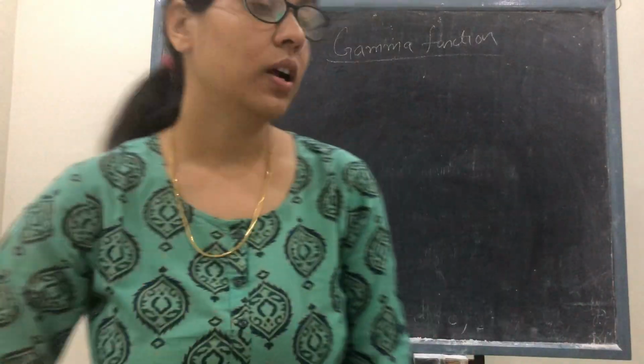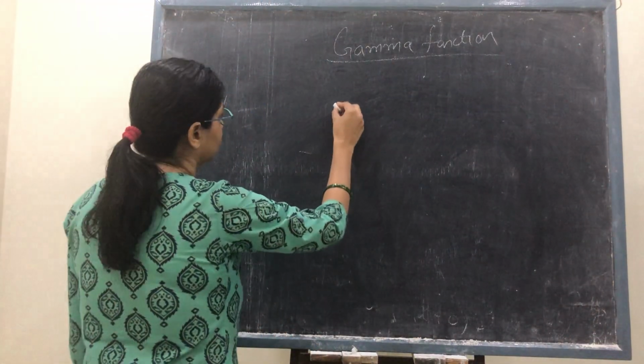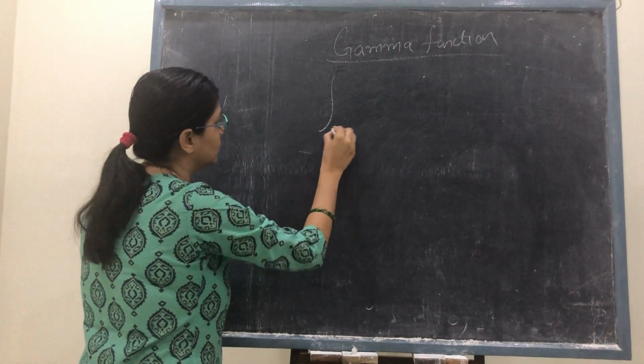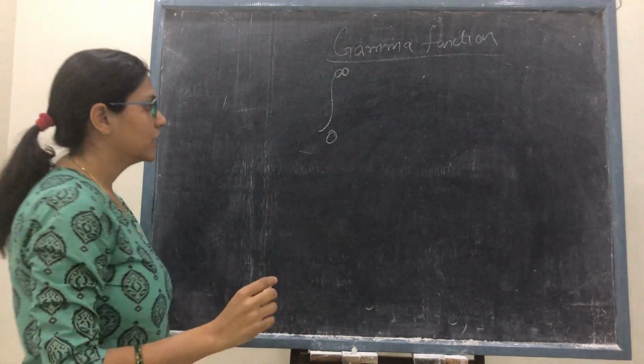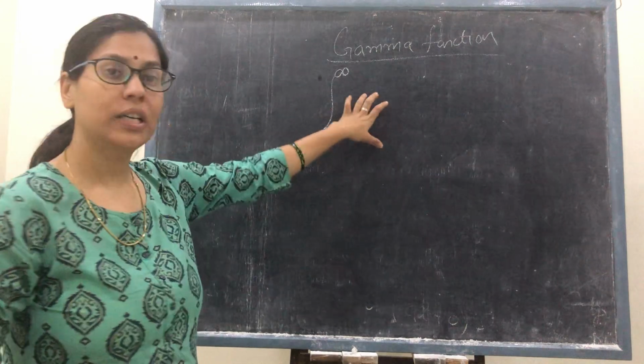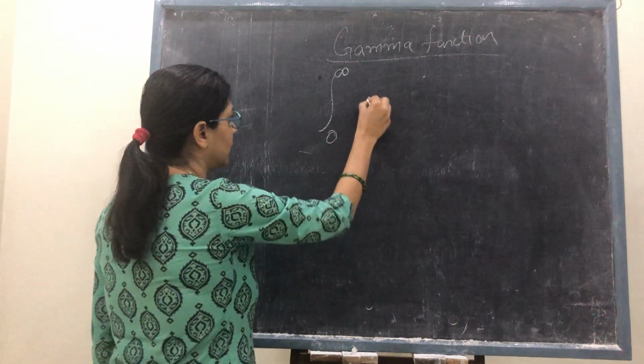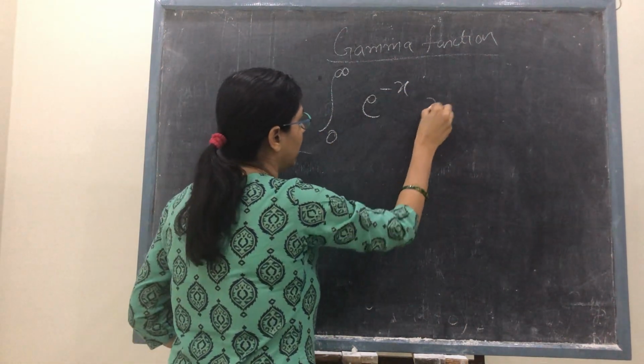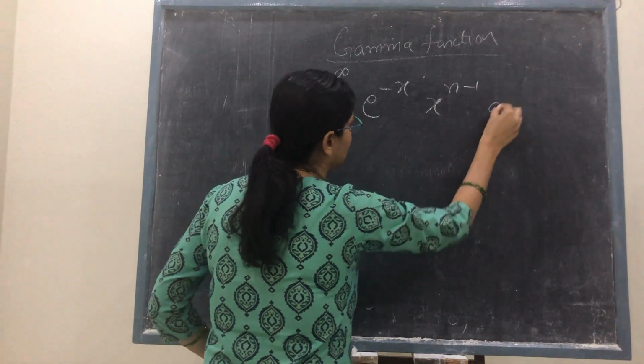What is the gamma function? It is an infinite integral from 0 to infinity. Since the limit is infinite, the integral is an infinite integral of e raised to the power minus x, x raised to the power n minus 1, dx.